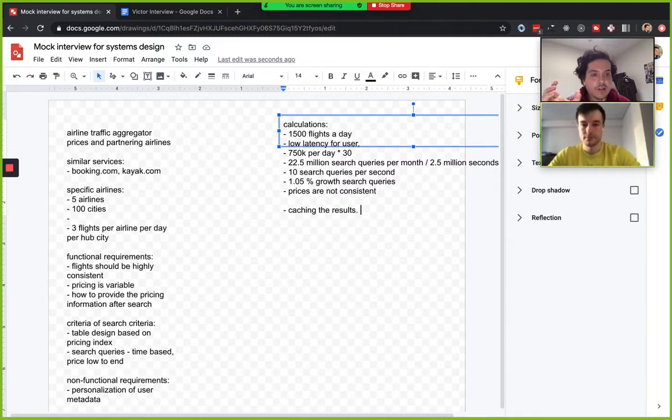A common connection could be LAX to NYC or JFK to LAX. Based on our user metadata of what flights are the most purchased, we could cache those results so that latency is really fast.